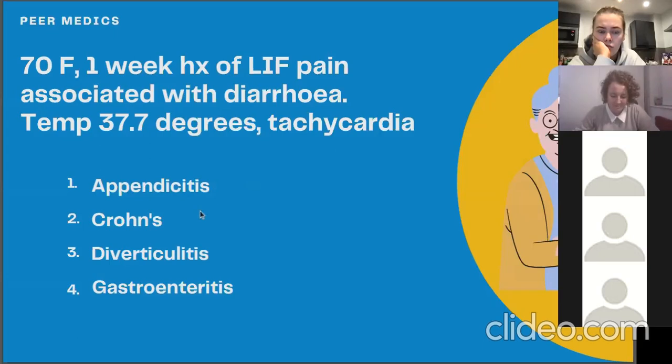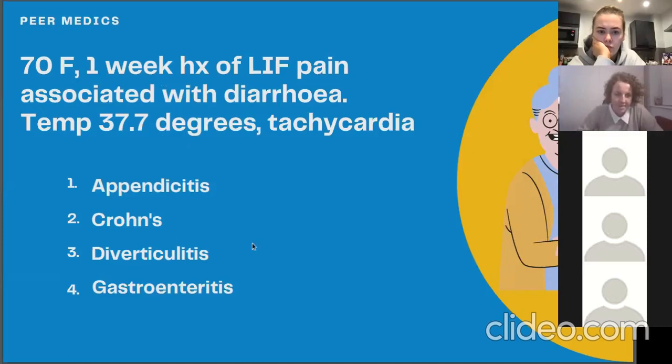In terms of a Crohn's disease presentation, this lady's quite old for a new Crohn's diagnosis. It's unlikely to have a slightly raised temperature in Crohn's, not impossible, but unlikely. And you probably would want a longer history with Crohn's unless it's an acute flare.